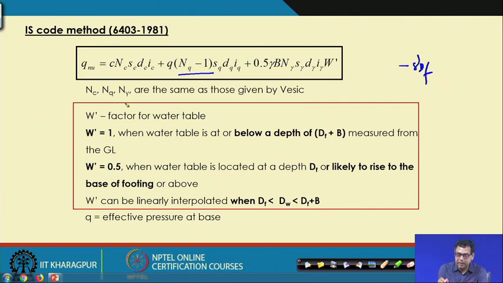A water table effect is also incorporated. W dash is the factor for the water table. Here SC, DC, IC are the shape factor, depth factor, and inclination factor, and along with that the water table factor is also incorporated.